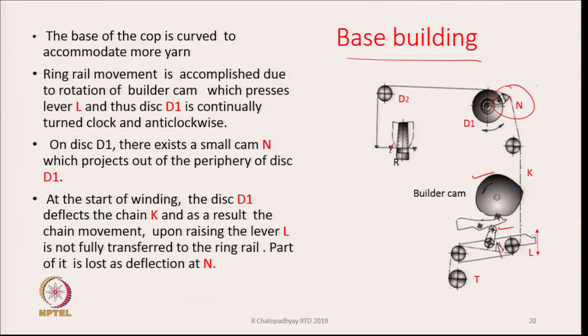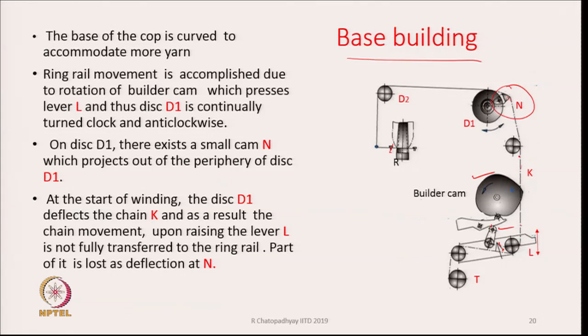So when the chain is moving up, because the lever is moving up, the entire chain movement is not transmitted to the ring rail; it is taken up by the cam N, because the cam is deflected and therefore part of this is getting lost.